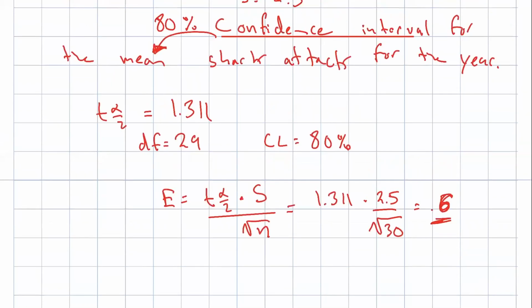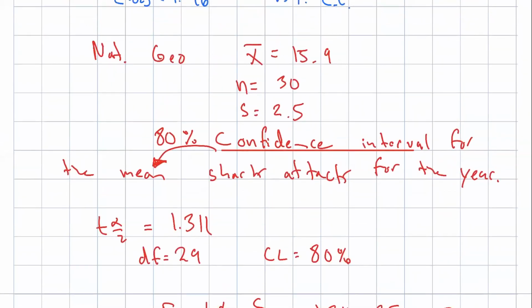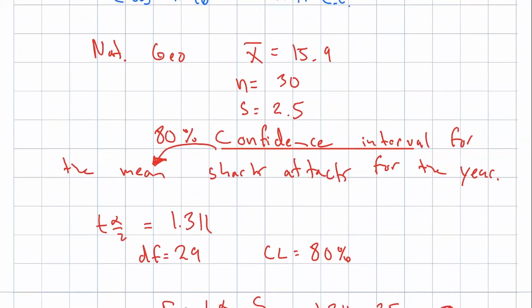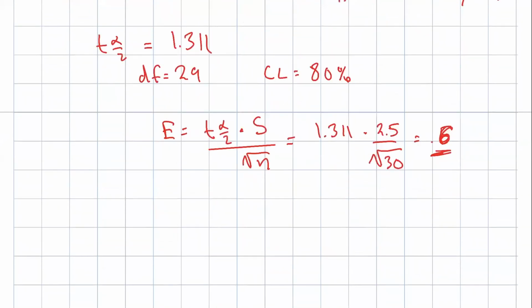So lastly, in order for me to get the confidence interval, we're going to get the mean and add it to the margin of error. So we get 15.9 plus or minus 0.6. If you do 15.9 minus 0.6, you get 15.3.